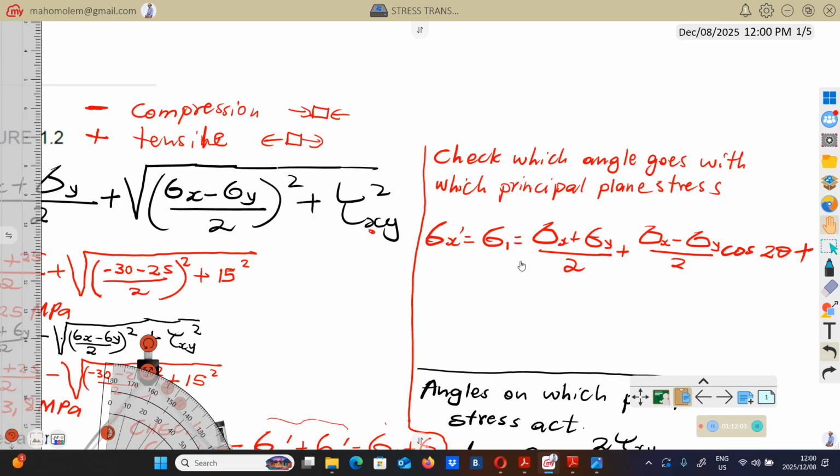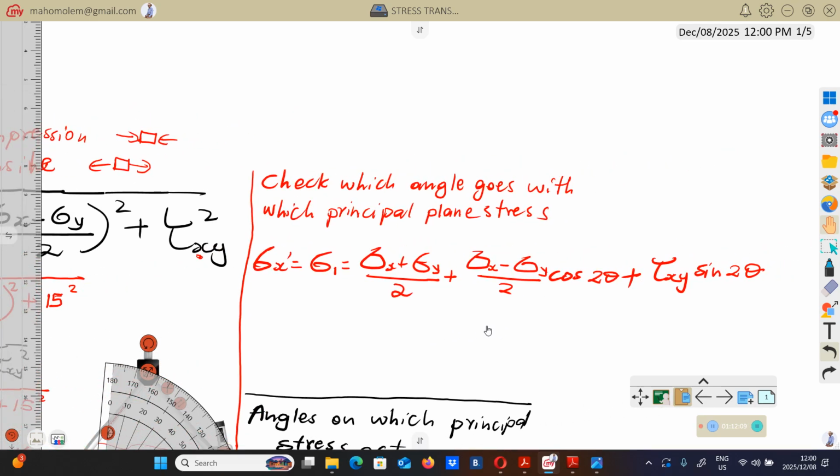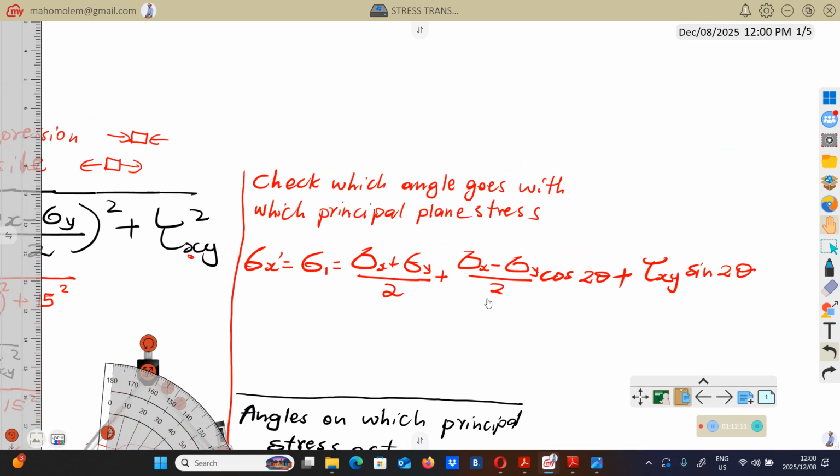So to check which angle goes with principal stress, we're going to use this formula. And remember, this formula is for calculating the normal stress after rotating the element. So don't get surprised: why are we using this normal stress formula to calculate principal stress, or why am I equating these two, the normal stress and the principal stress?